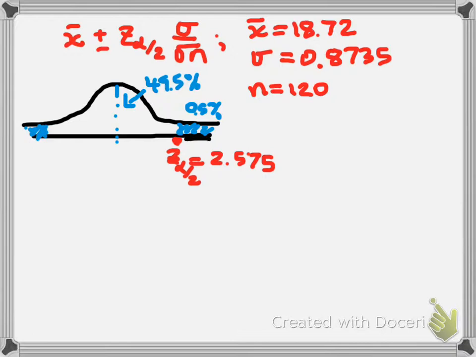You don't have 0.4950 exactly in there. So because of that, you will use the average of 2.57 and 2.58. So that's why I have 2.575.